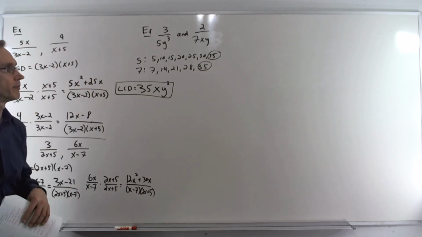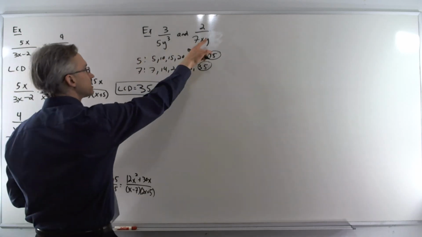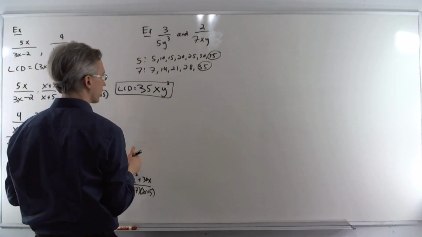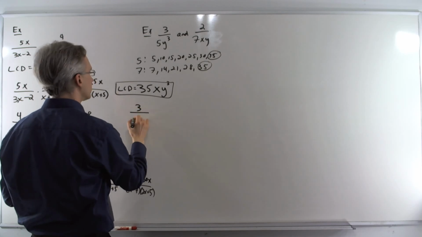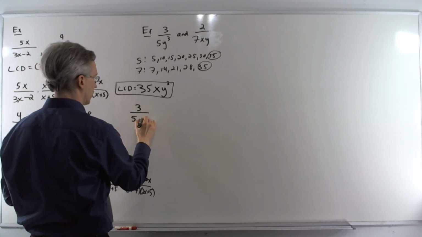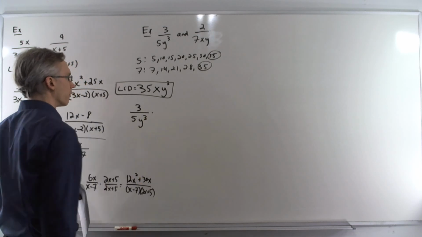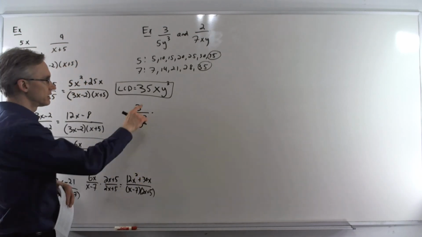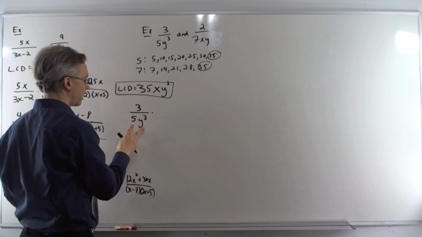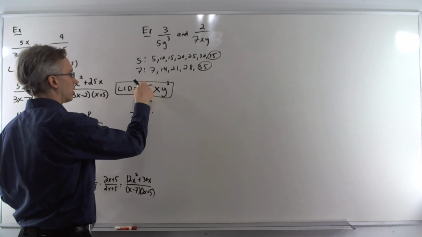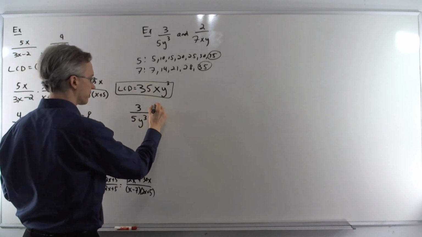All right, now we have to make each of these denominators equal to 35x times y to the third. So for the first fraction, what we multiply by, you take the LCD and divide by what we have. 35x y to the third divided by 5y to the third. 35 divided by 5 is 7.